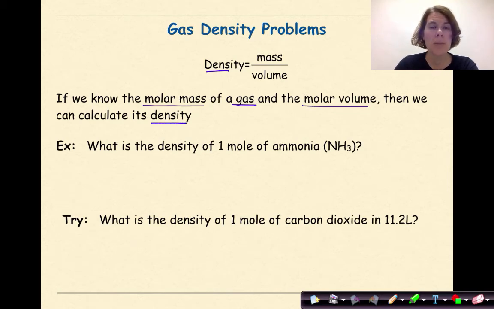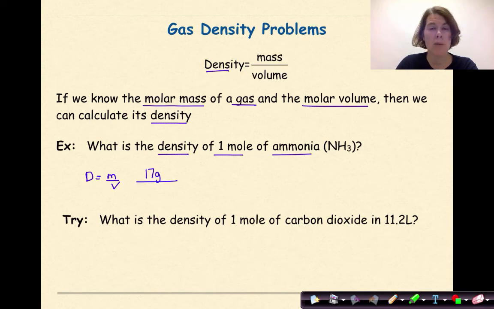So let's look at an example. What is the density of 1 mole of ammonia? And we remember the formula for ammonia is NH3. So the first thing that you should always do is write the density formula. So density is equal to mass over volume. Now the mass of NH3, that's nitrogen plus 3 hydrogens, so that's going to be 17 grams per 1 mole.